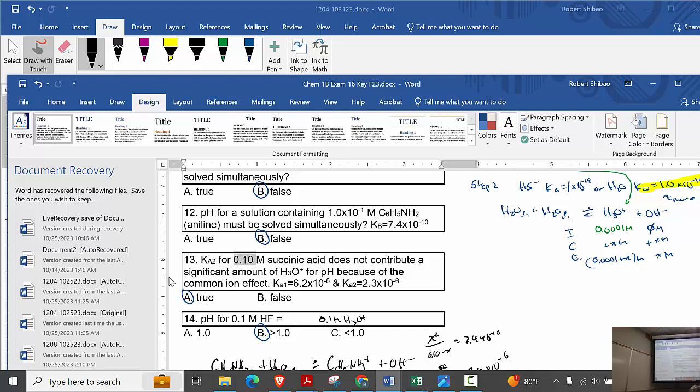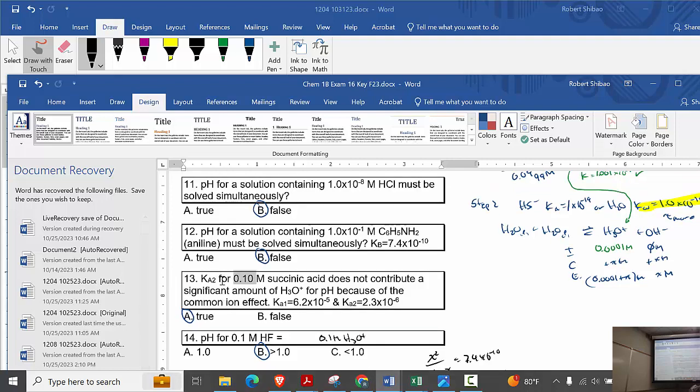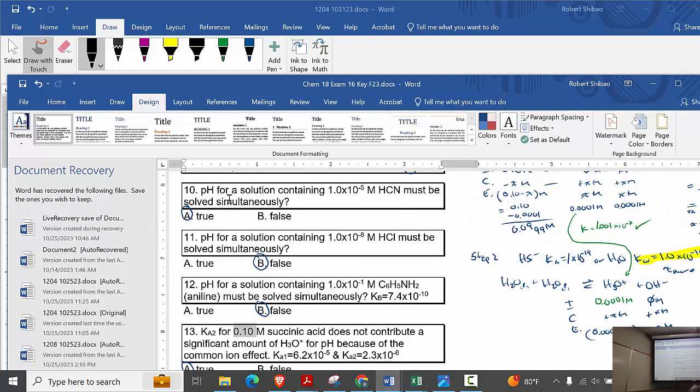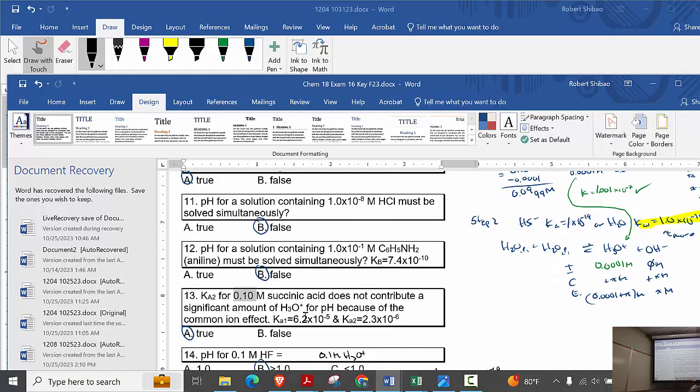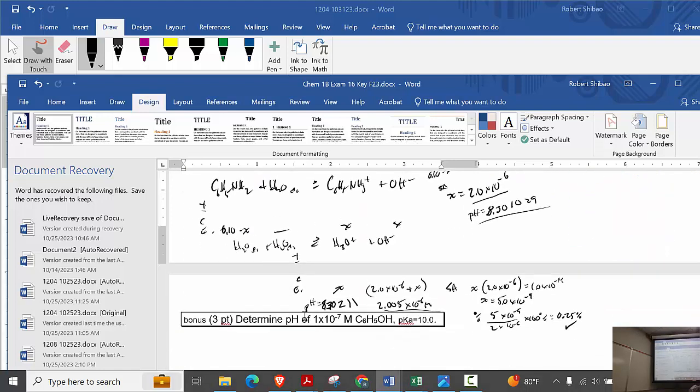Yeah, these ones with the simultaneous, I was thinking about those because they were really pretty tricky. But a lot of people got some bonus points for this. If you actually calculated it using the simultaneous method, then this was worth not 3 points, this was worth 5 points.